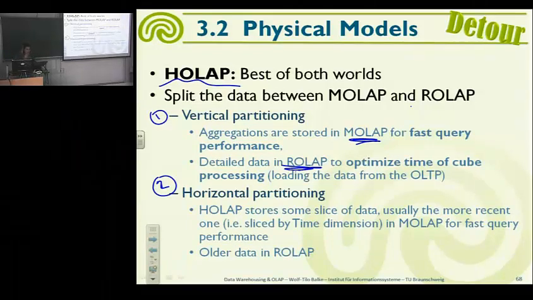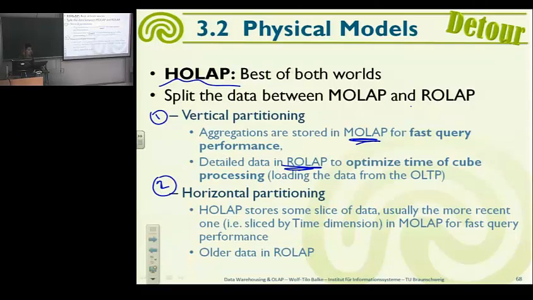And basically, whenever you get the query, the aggregates can quickly be served from the MOLAP, and all the details then, which is the big data, you can't really handle it fast from the MOLAP. You can handle it from the relational model.